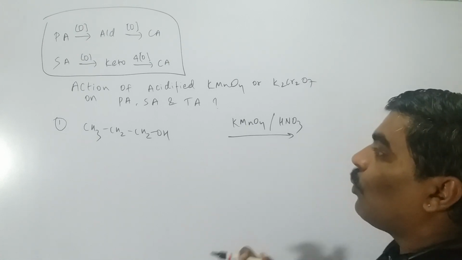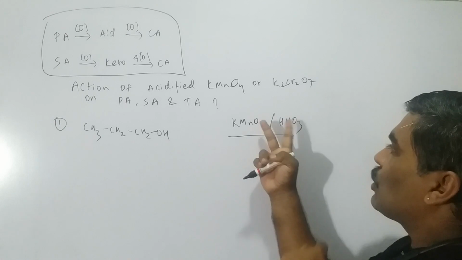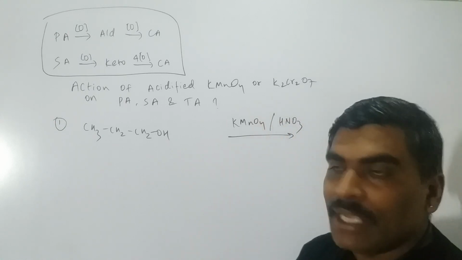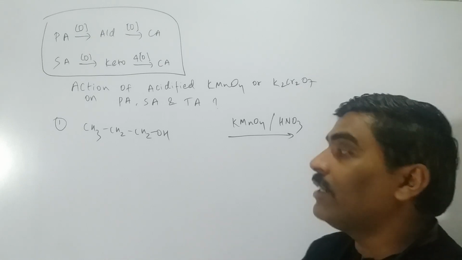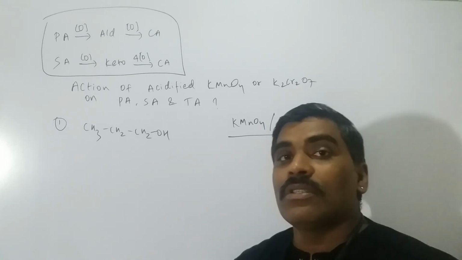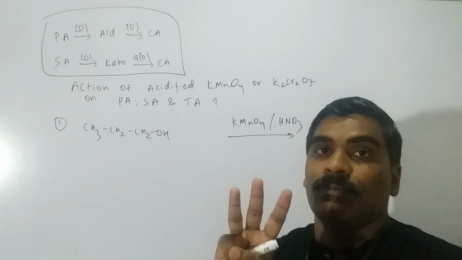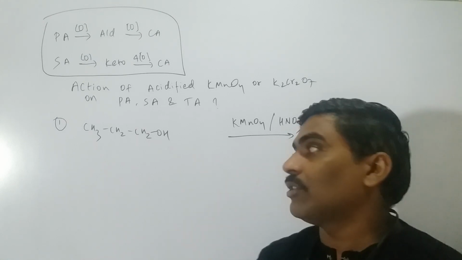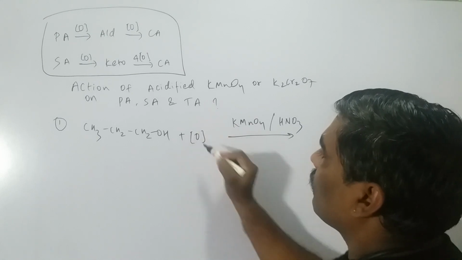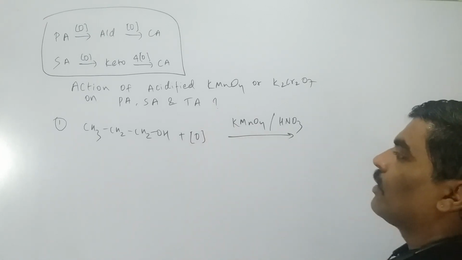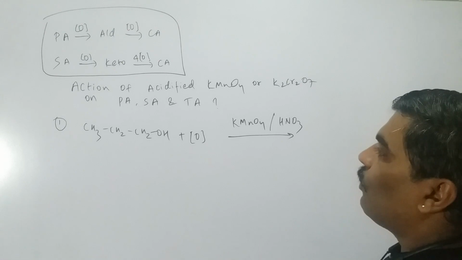Okay, so what happens now here? These two, potassium permanganate or potassium dichromate, when they react with acid, they produce three atoms of oxygen. So out of three, one is utilized here. And now we'll see what happens.